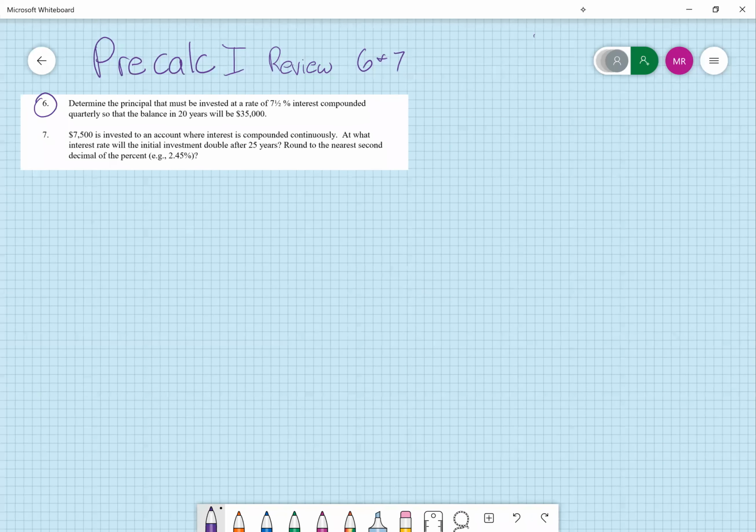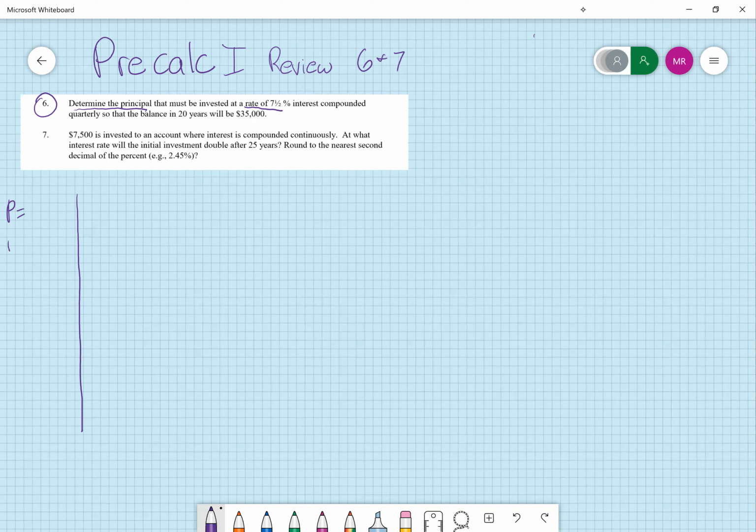And oftentimes with word problems, I like to give myself a little reference box because it's easy to lose track of information. So let's read through. Determine the principal interest, so I'm looking for P. The principal that must be invested at a rate of 7.5%.